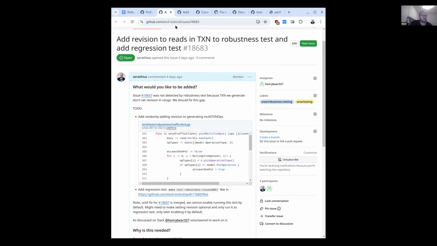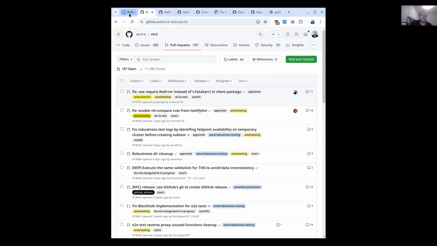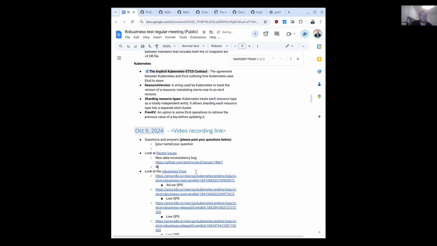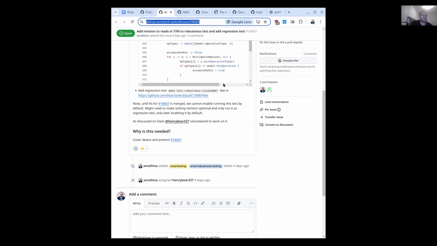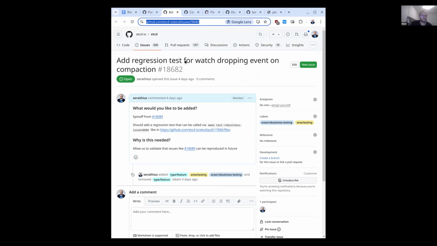I also created a couple of issues to create robustness tests, and there are already a couple of people interested in it.